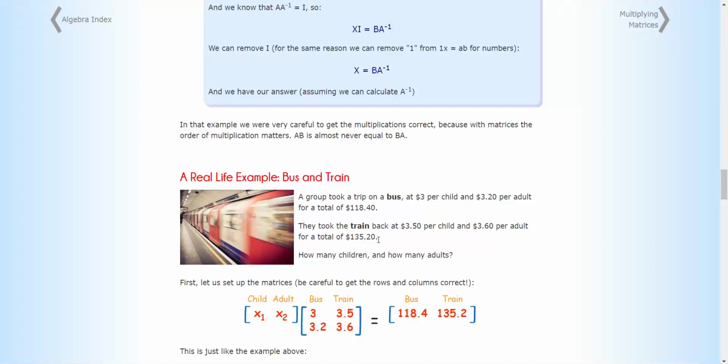So first of all, we've got the bus and the train. Then we have the end result, which is the total for bus and the total for train. But we want to know how many adults and how many children. So the children could be X and the adults could be Y.